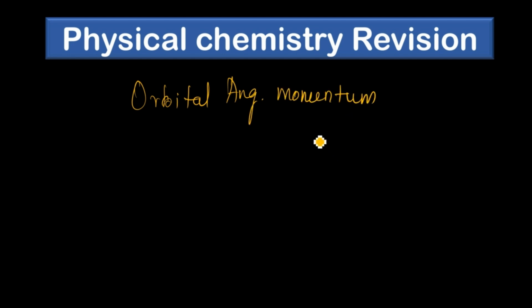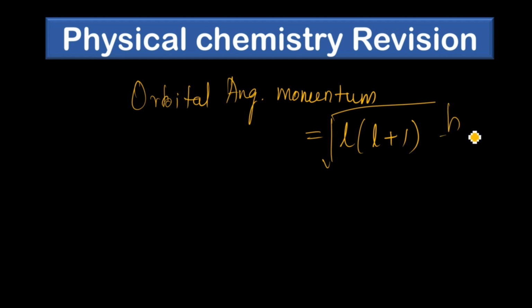Other than this, they will ask you about orbital angular momentum, which is equal to root of L into L plus 1, into h by 2 pi, right? h is our Planck constant. For hydrogen and hydrogen-like species, all the subshells of a shell have the same energy.